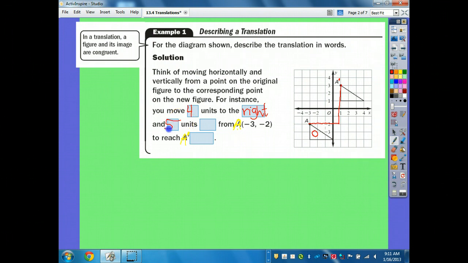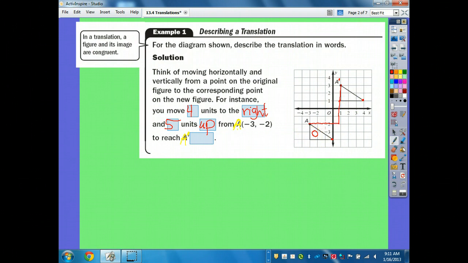And 5 units up. And that would be the same then for all 3 points on this original figure. You would go 4 to the right and 5 up. And you end up with that new translation point. And you go up. See how that works?